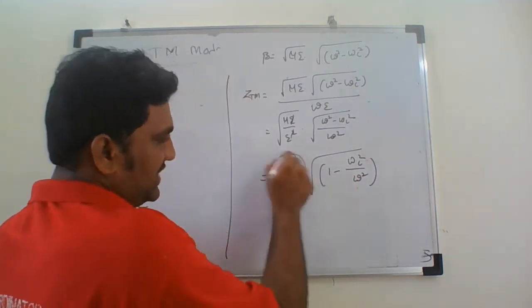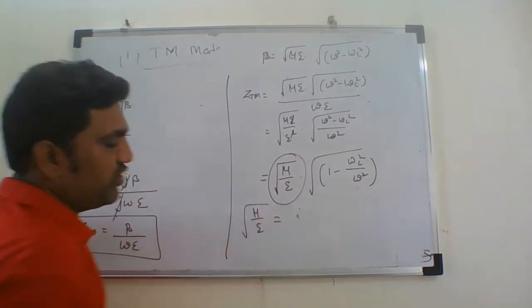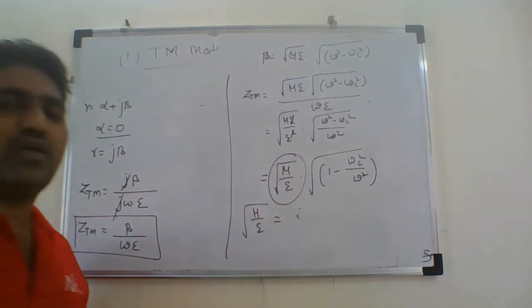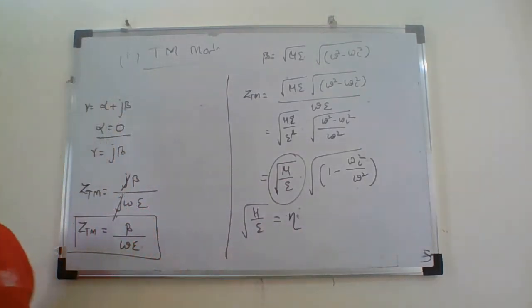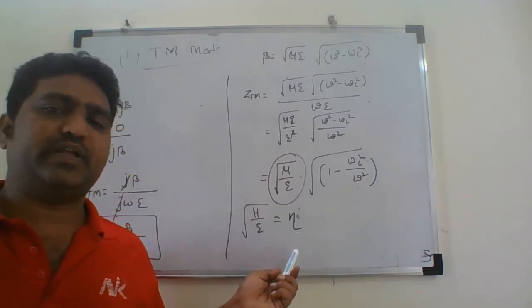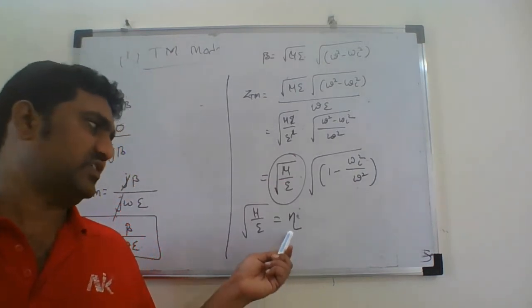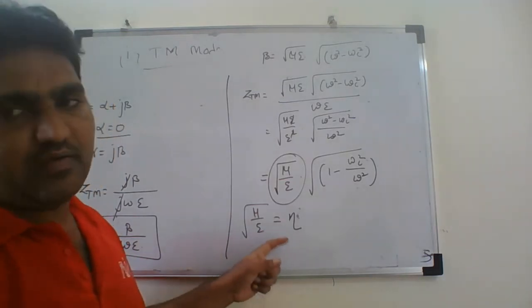What is this term? Root of mu by epsilon. From our EM theory, we know that this term is nothing but the intrinsic impedance of free space, which is called eta.